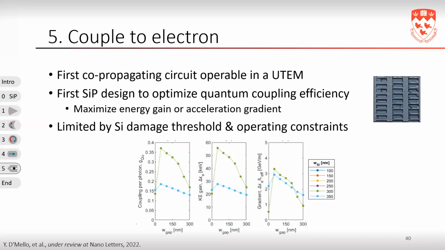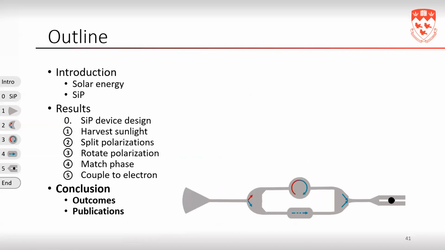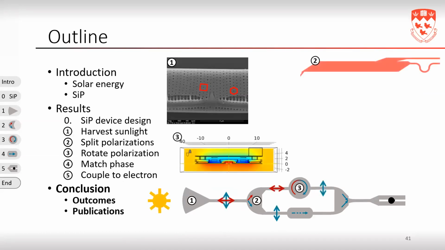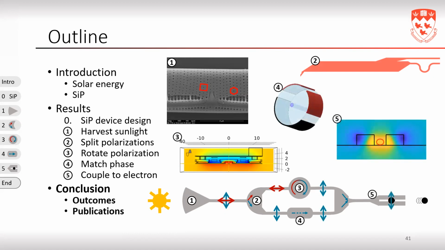Finally, in conclusion, I showed you how we can harvest sunlight into confined optical modes, how to split those modes based on polarization, how to rotate one of the polarizations, match the phase of the other polarization, and combine these into a mode that then couples to free electrons.